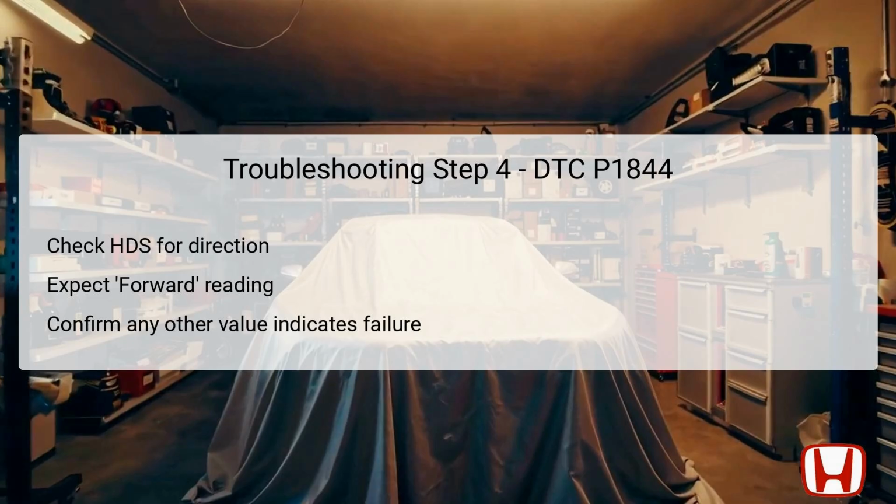This step is crucial for diagnosing the root cause of the discrepancy that triggered DTC P1844. By confirming the expected outputs against the actual readings, a technician can effectively determine whether the issue lies with the CVT drive pulley speed sensor itself or the TCM, facilitating targeted repairs.